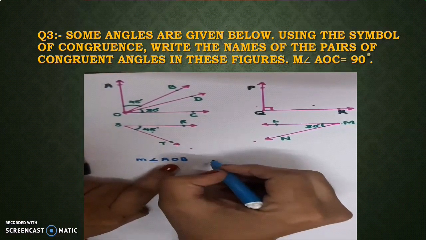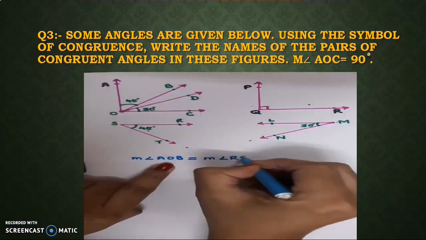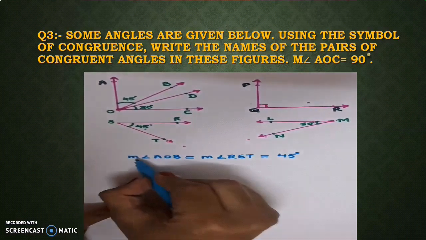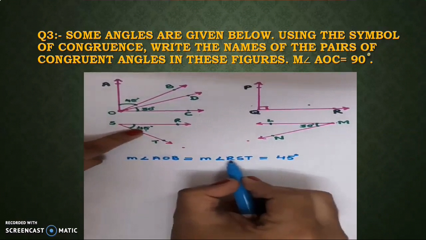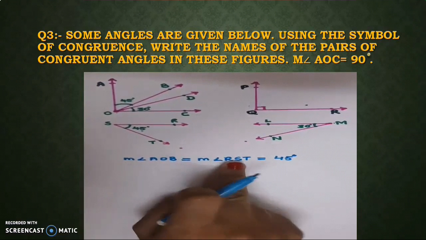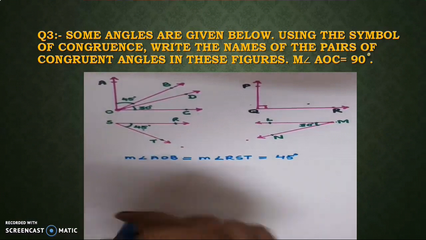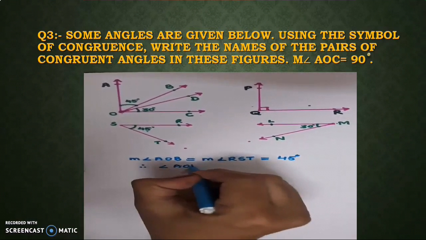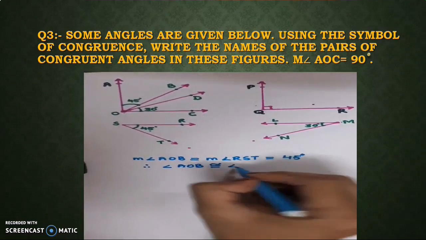So as both are of equal measure, we will write measure angle AOB is equal to measure angle RST is equal to 45 degrees. As the measure of both the angles is the same, equal, these two angles are congruent. So what we will write? Therefore, angle AOB, then we will give the symbol of congruence, then we'll write angle RST.